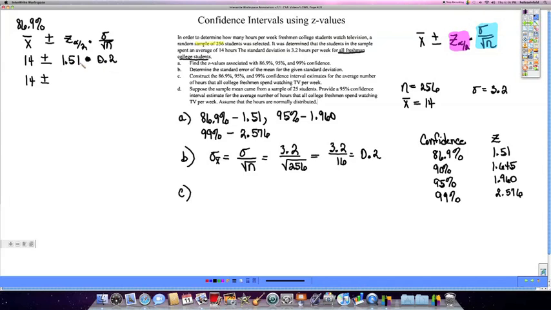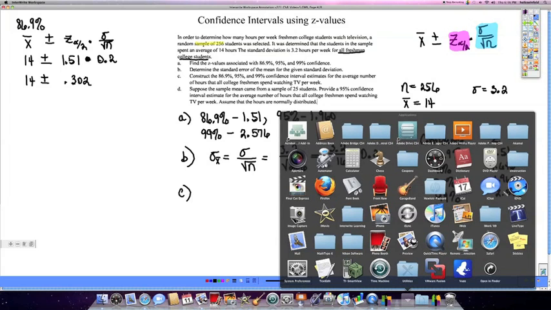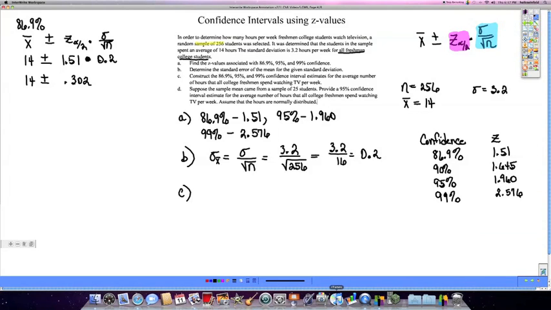And of course, this will be, I believe, 0.302. And it's going to be time for me to get my calculator, just to be sure.